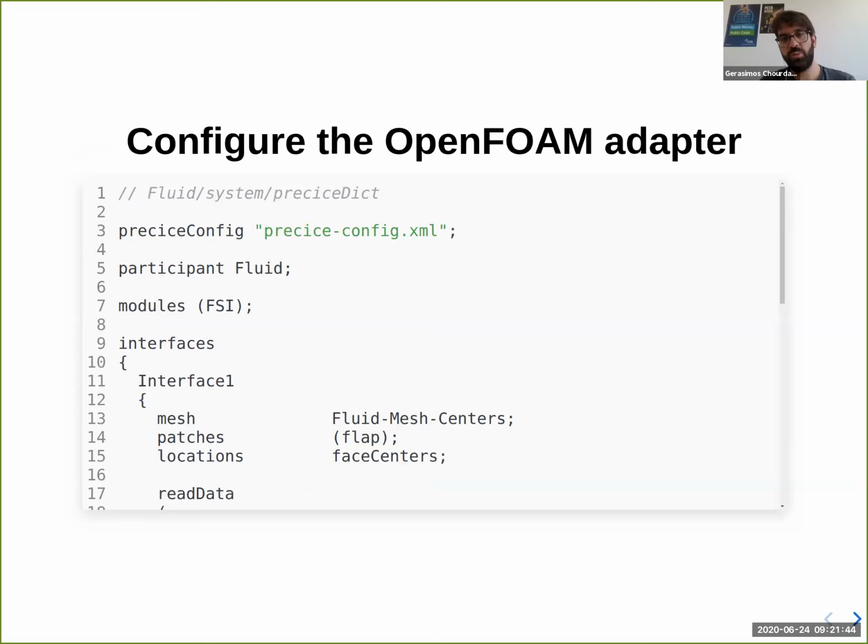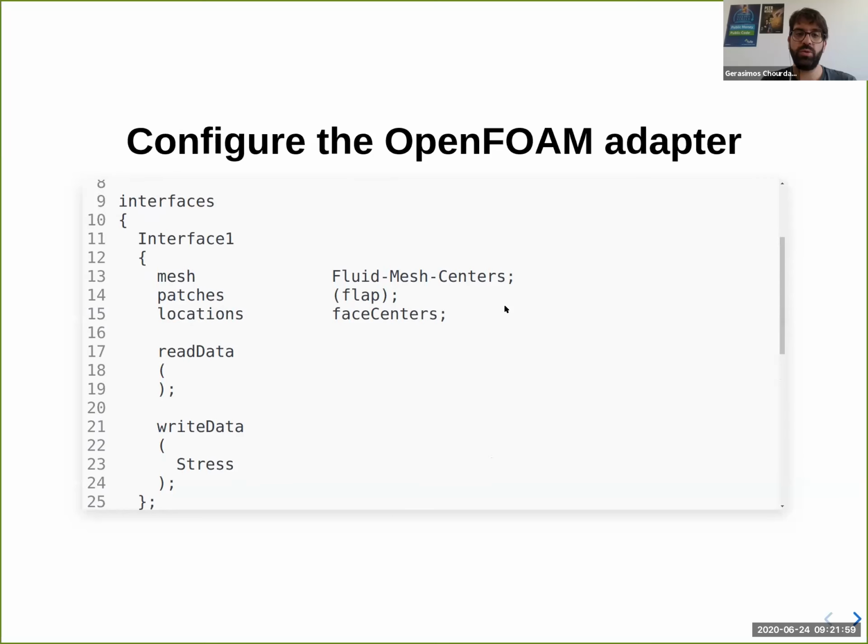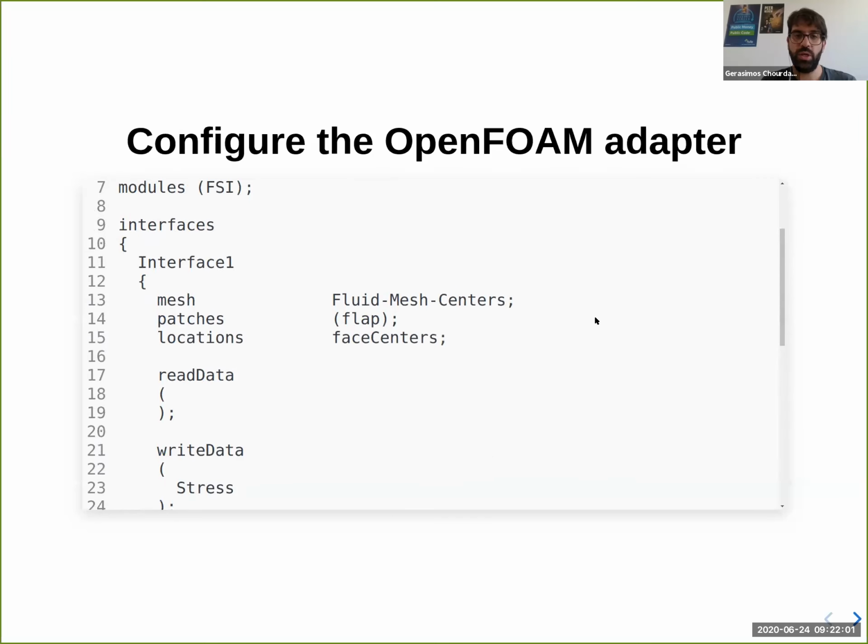To configure the OpenFOAM adapter, we have again this system preciceDict. And what is different here, this time we are using the FSI module, and we define two interfaces, interface 1 and interface 2. In interface 1, we have a mesh defined on the face centers of the flap patch, and it's called fluid mesh centers in preCICE.